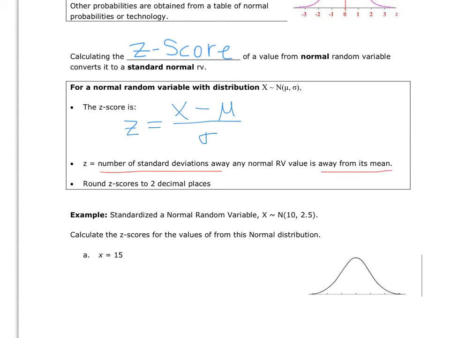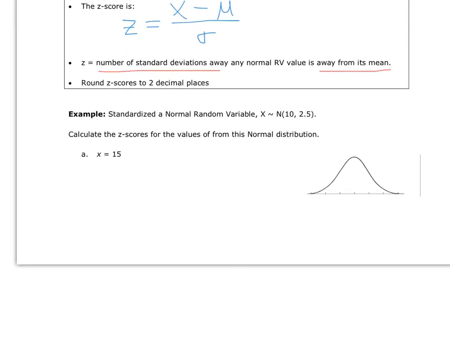Okay. All right, let's look at an example. We're starting off with a normal random variable that has mean of 10 and standard deviation of 2.5. So if we take this density curve here and label it for this random variable x, we can label the mean as 10, and then we can calculate the z-score for that particular value and convert it to a z-score.